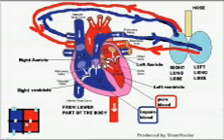From left auricle to the left ventricle there is a bicuspid valve or mitral valve, and from the left ventricle a valve protects the flow into the aorta. From the right ventricle there is a valve protecting that flow when it flows into the pulmonary artery here.